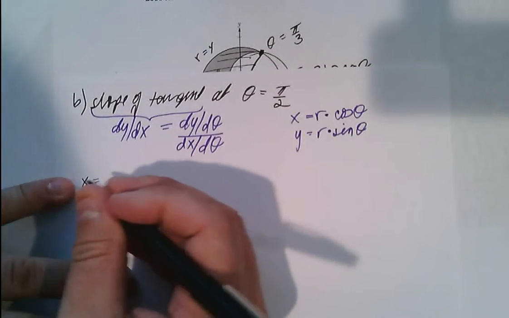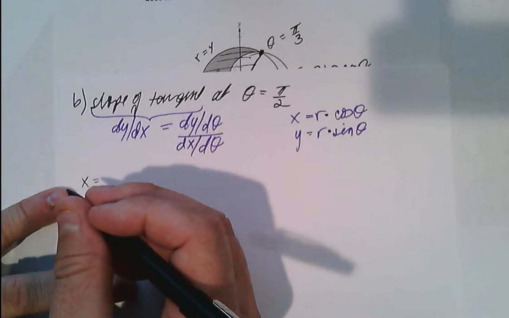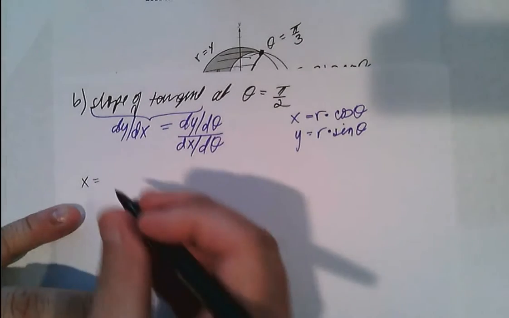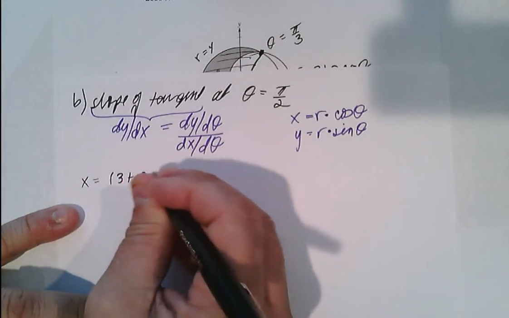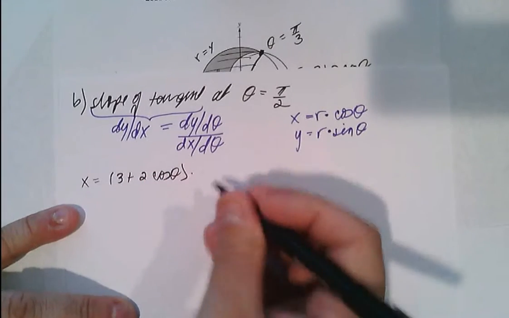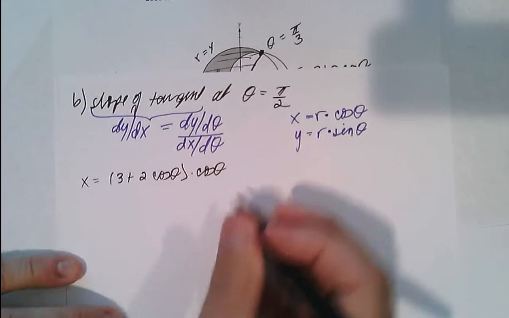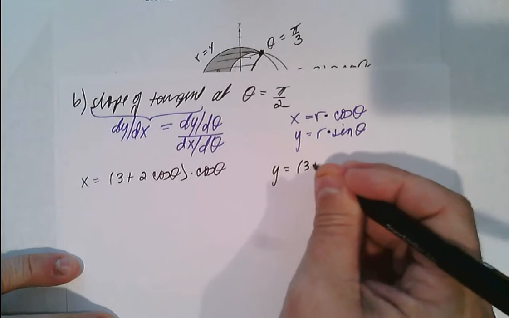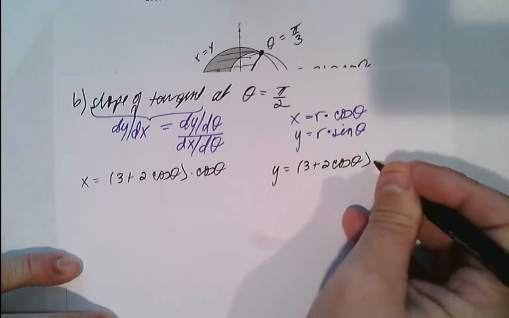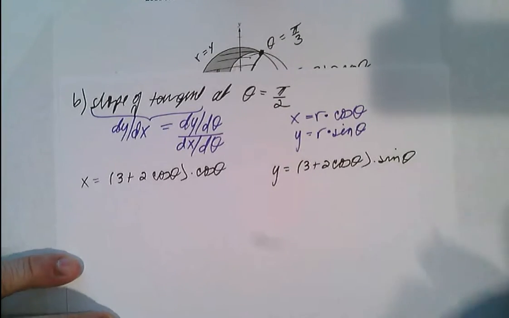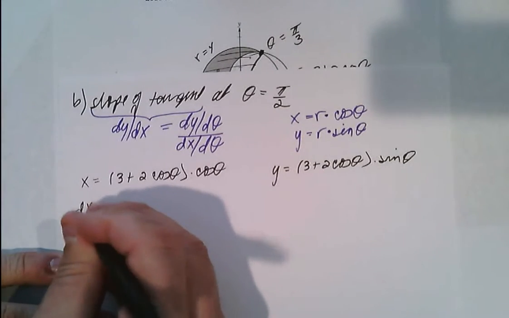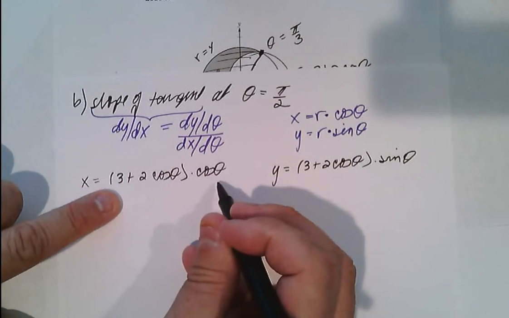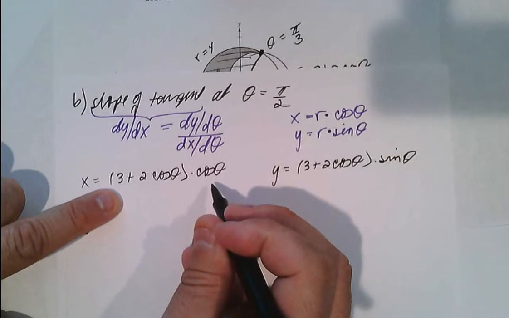All right, we know that our radius equation is 3 plus 2 cosine theta. So x is 3 plus 2 cosine theta times cosine of theta. And y is 3 plus 2 cosine of theta times sine of theta. Dx d theta. You're going to take the derivative of the x coordinate with respect to theta.